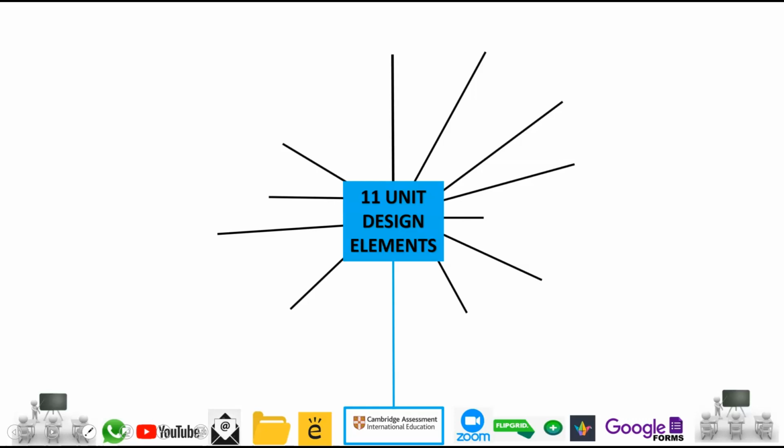Okay, and then we're going to look at your 11 design elements per unit. Whether these are on Zoom, Edmodo, in the classroom, you have to have these 11 design elements.